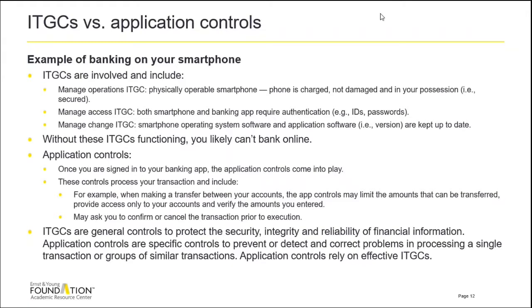So ITGCs are general controls to protect the security, integrity, and reliability of financial information, while application controls are specific controls to prevent or detect and correct problems in processing a single transaction or groups of similar transactions. Application controls rely on effective ITGC. So for example, if there are effective ITGC, sometimes we test less of the application controls.